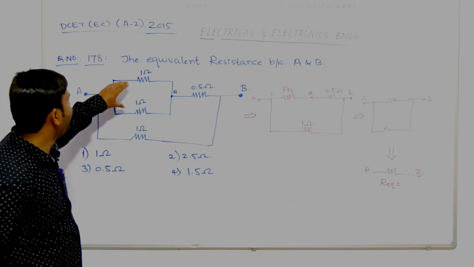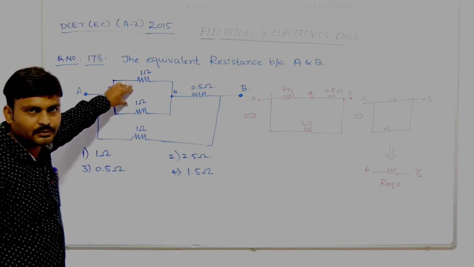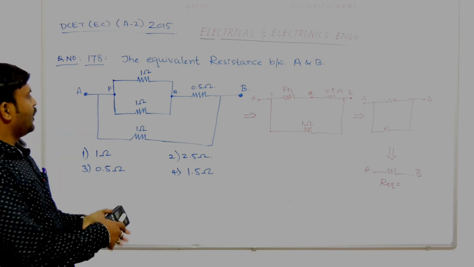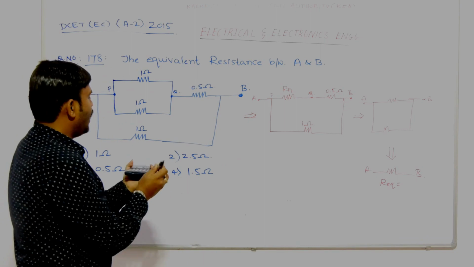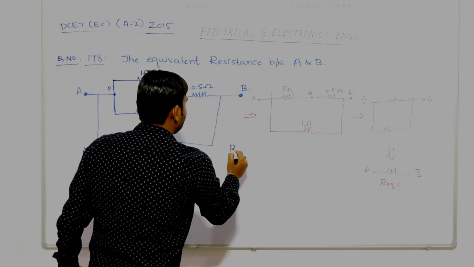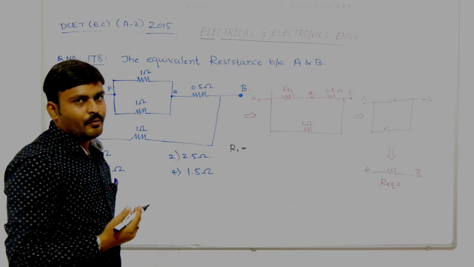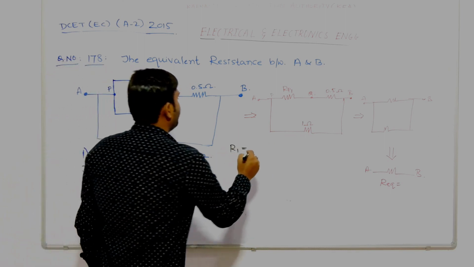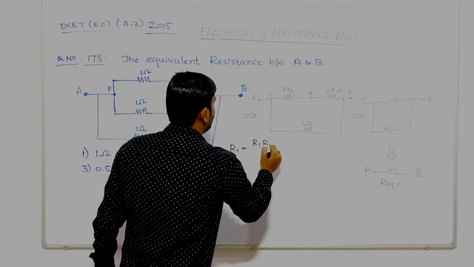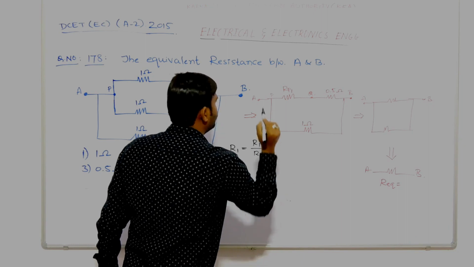We need to first reduce this parallel combination into a single resistor, right? How will we reduce that? We know when the resistances are connected in parallel, it is R1 R2 divided by R1 plus R2.